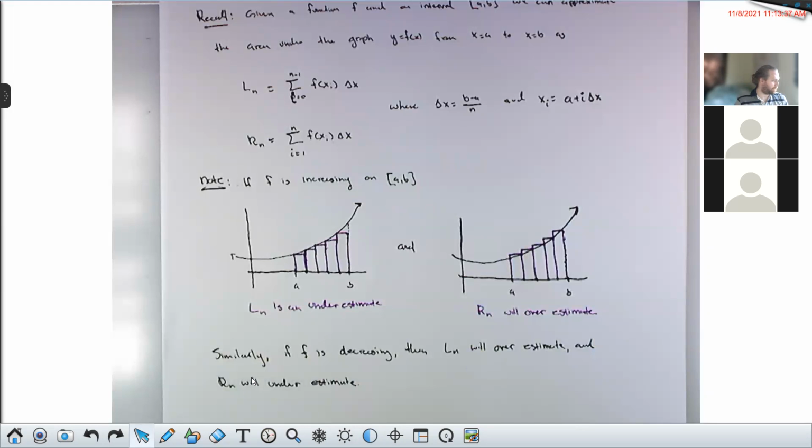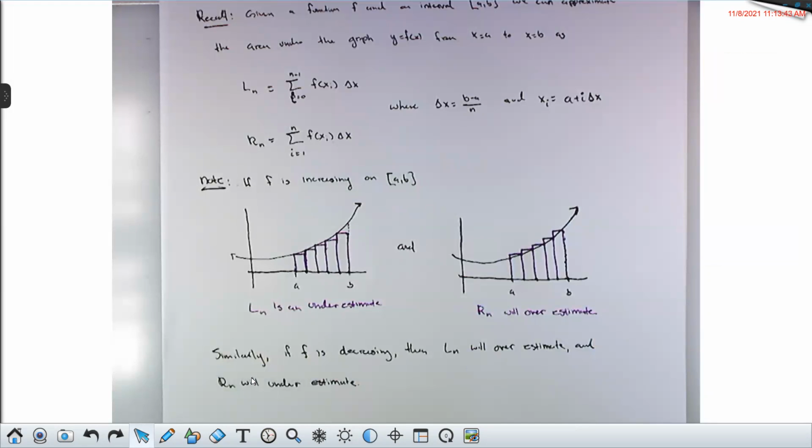Okay. Will subtracting the underestimate from the overestimate give you a proper difference, if you use the same number of rectangles and everything? It's a good question. Suppose you have an increasing function f on the interval [a, b] and you subtract R_n minus L_n.